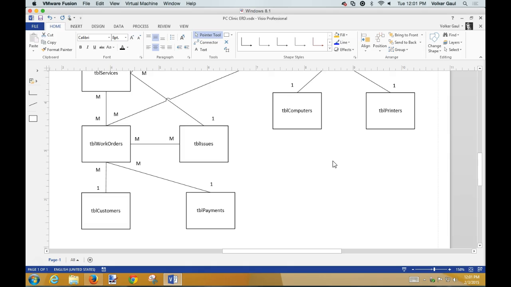We'll have to see. The customer brings in the device, the unique device. What do you want to know? Again, the customer should be connected to the device, which is connected to the work order. Yeah, that's a possibility.